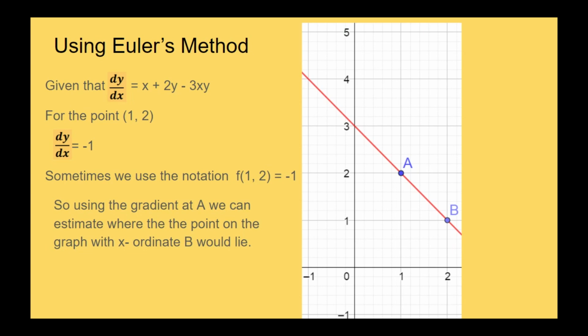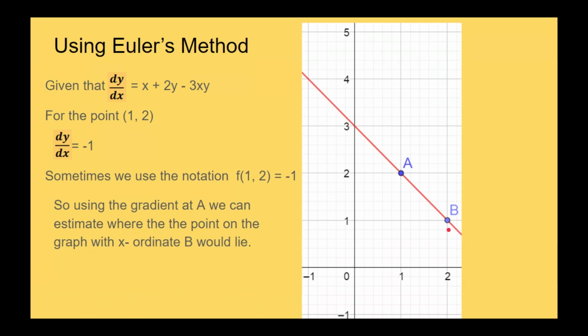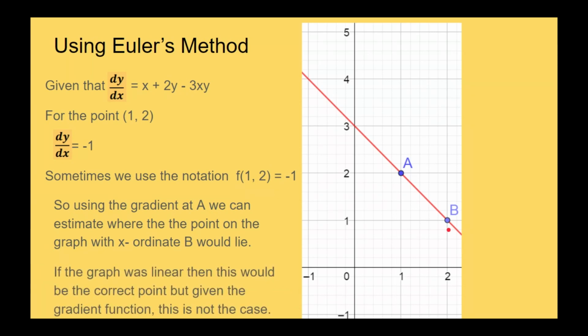However, certainly our gradient function, that's not going to give us a straight line. And so we can be pretty sure that's not exactly where the point will be.